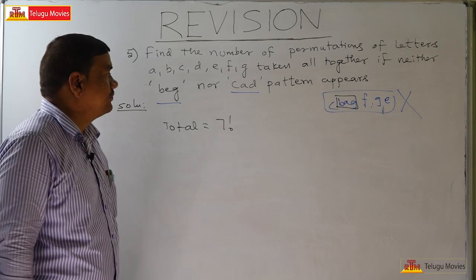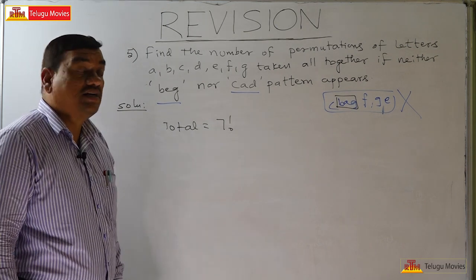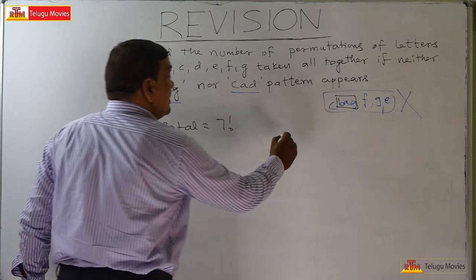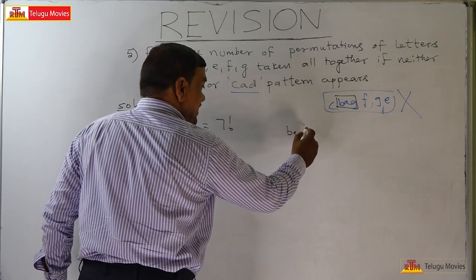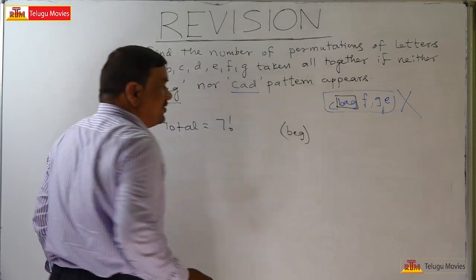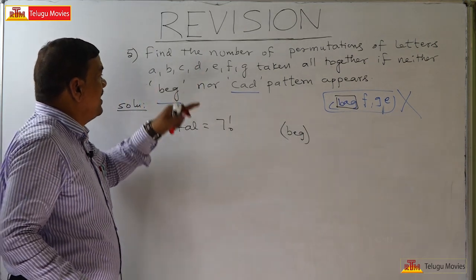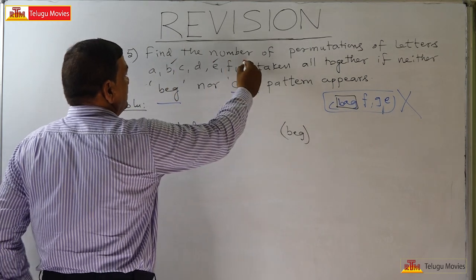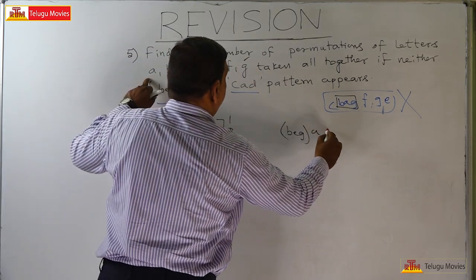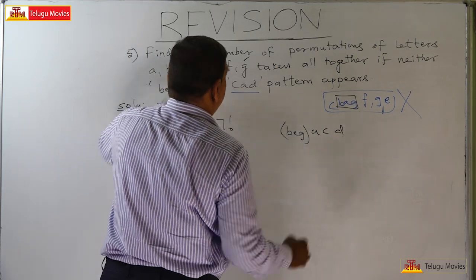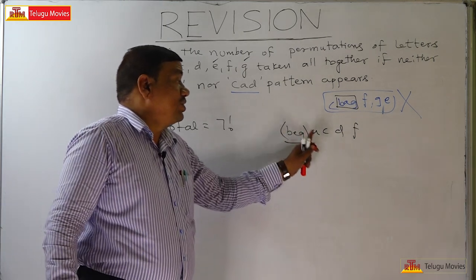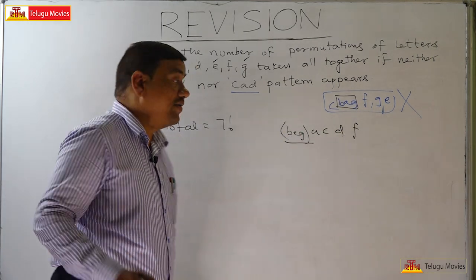In these, there are some arrangements in which BEG appears together. So treat BEG as one quantity, then the remaining ones are A, C, D, F. Now how many objects are there in total? 1, 2, 3, 4, 5, so 5 factorial.